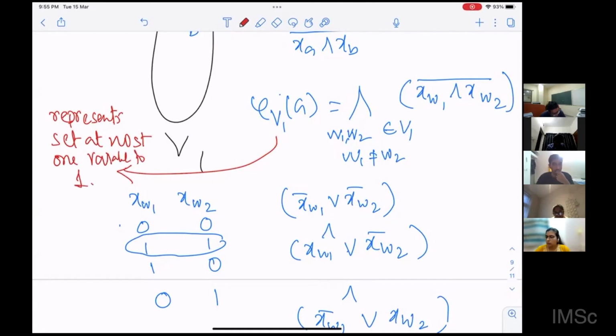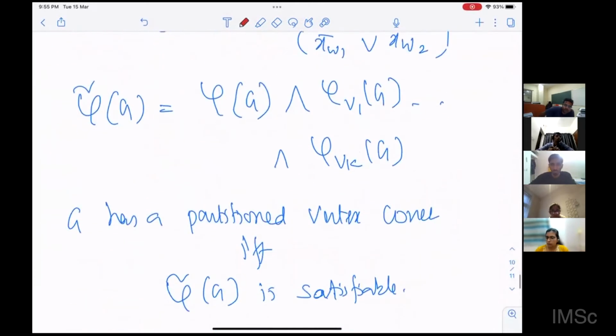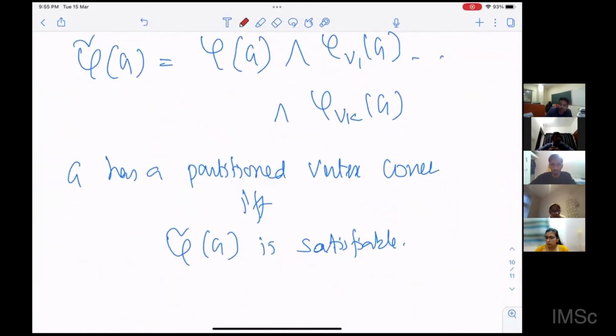Do you agree? This is what it does. This fact represents that from this set of variables, you are only going to pick at most 1 variable. Okay. Now, G has a partition vertex cover if and only if phi tilde of G is satisfiable. This is what I want to say. Okay?